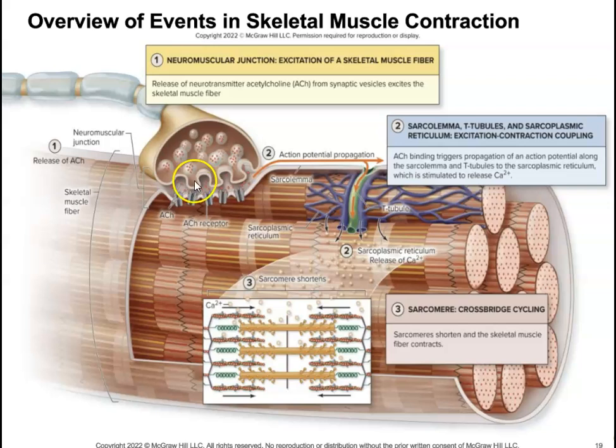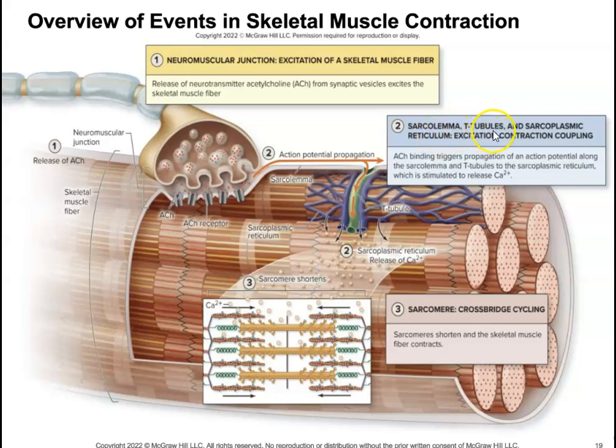Once it binds to those receptors, then that muscle cell is going to start depolarizing because the gates open and that extracellular sodium starts rushing in.